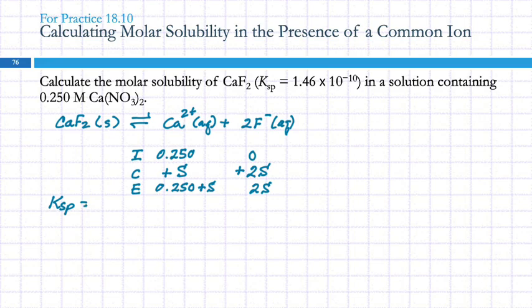KSP is the calcium times the fluoride squared. So that's 0.250 plus s times 2s squared. That is equal to 1.46 times 10 to the minus 10.